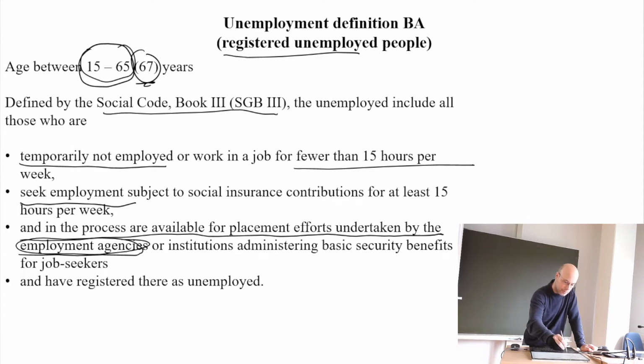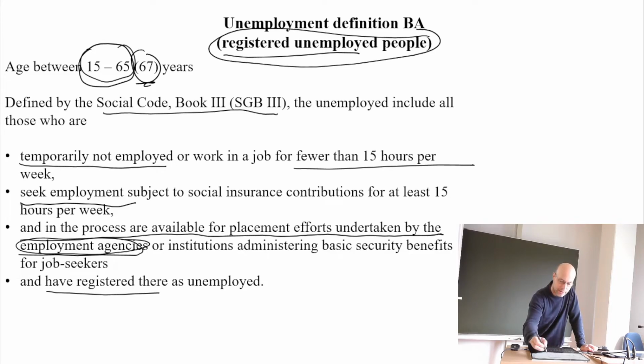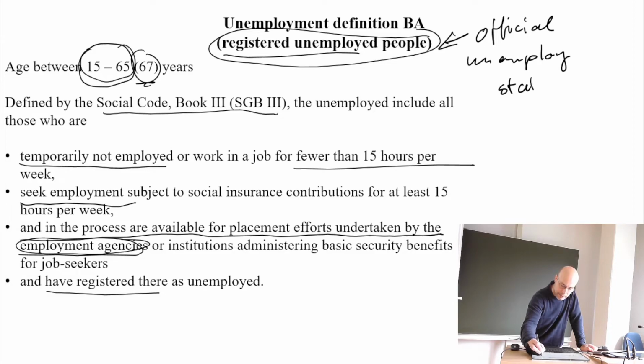And of course, you have to go to the unemployment agencies, to the institutions, and say that you are unemployed. We will just see when we take another definition. So this is more or less the official unemployment statistics.